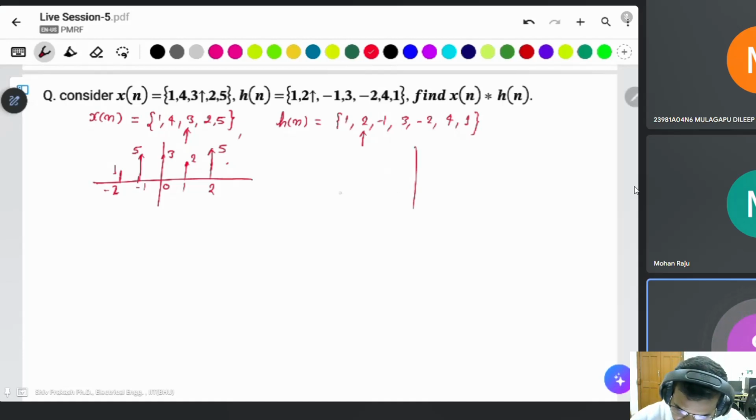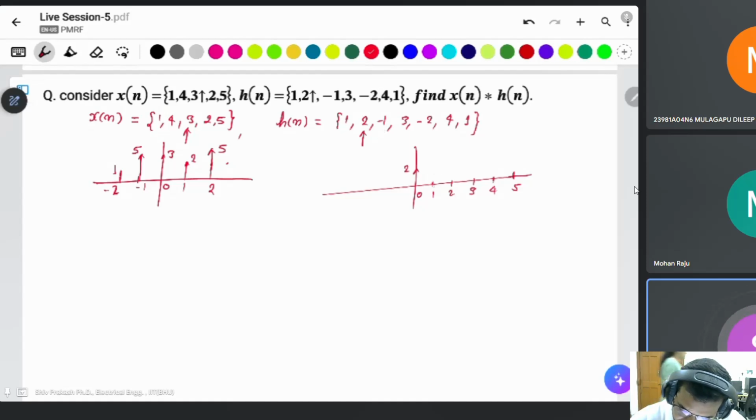Same thing you can plot here also. 2 at 0, then 1, 2, 3, 4, and 5 like that.